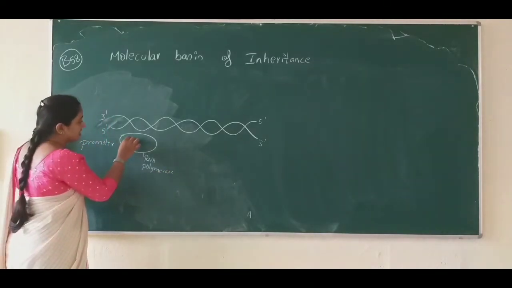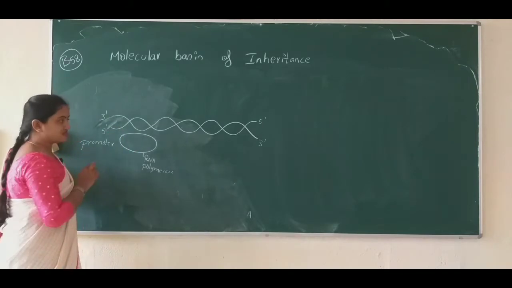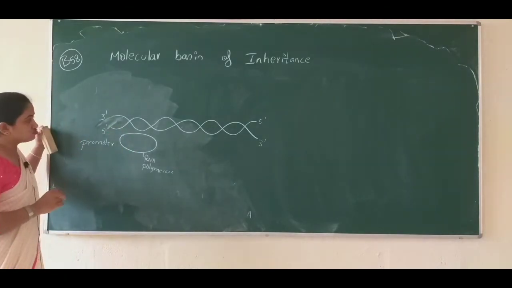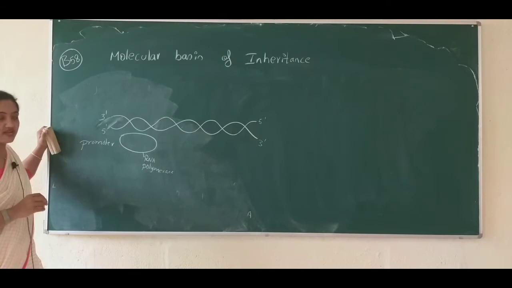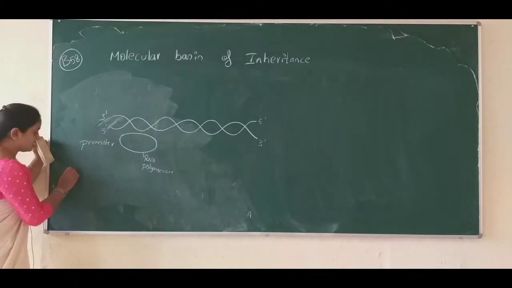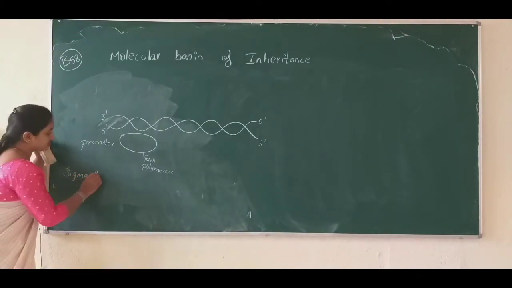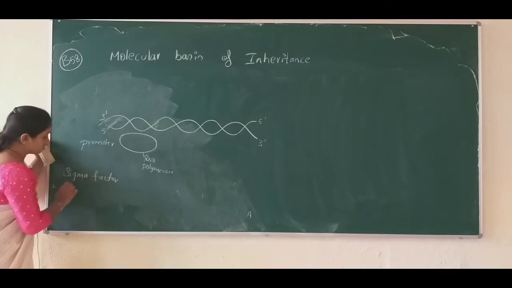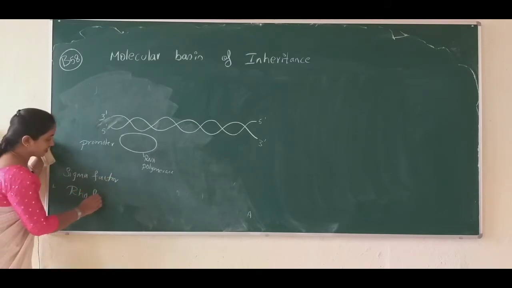With the RNA polymerase it needs two more factors. What are those? One is the sigma factor, and one more is the rho factor.